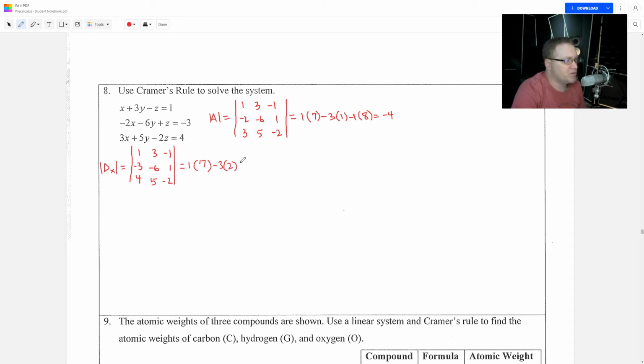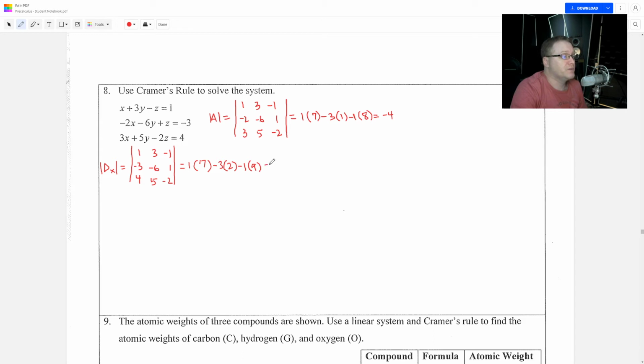And then we're going to plus negative 1, which is minus 1 times, and if we cross everything out here, we have negative 3 times 5 is negative 15, minus negative 6 times 4 is negative 24. Negative 15 minus negative 24 is negative 15 plus 24, which is 9.